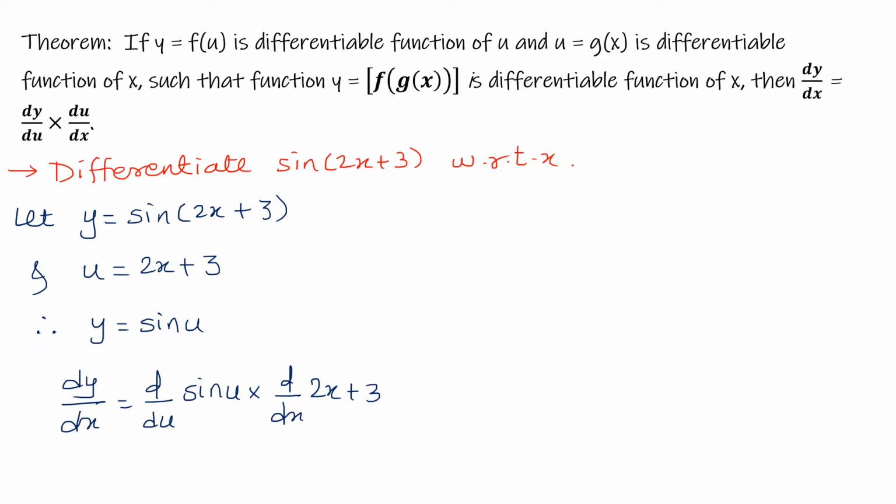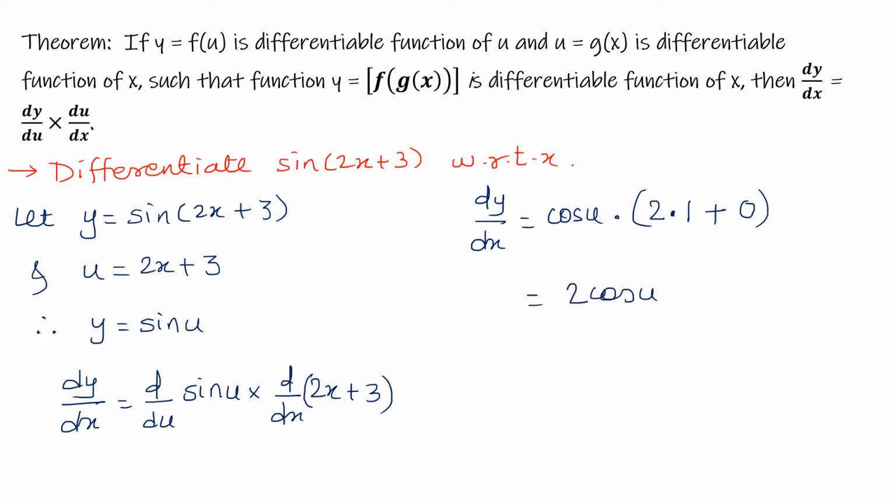Now further, this dy by dx can be written as, now derivative of sine u is cos u into, now how to take the derivative of this 2x plus 3? 2 is constant into derivative of x is 1, the derivative of 3 is 0 as it is constant. So what I get here is 2 cos of u. Now from this dy by dx can be written as 2 into cos of, now we are substituting the value of u, that was 2x plus 3. Now this is what the derivative of sine of 2x plus 3.